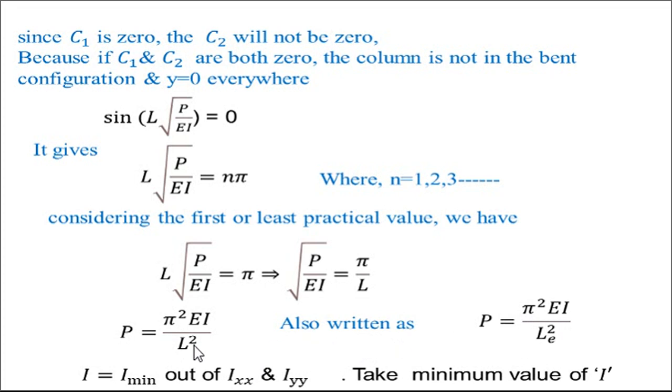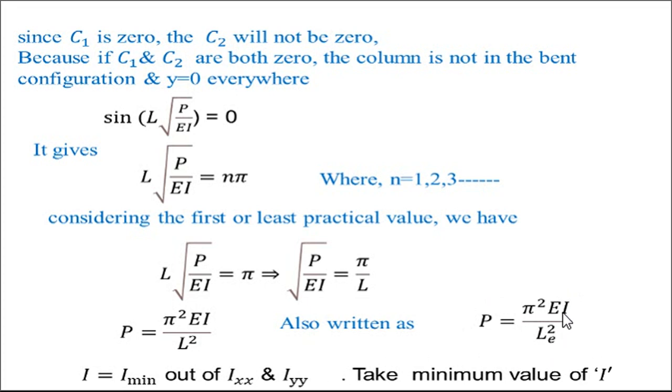Instead of L, the total length, you have to take the effective length or equivalent length. That's why small e is taken; L E is the effective length or equivalent length. So this is the equation of the crippling load, or we can say the buckling load, pi square EI divided by L E square.